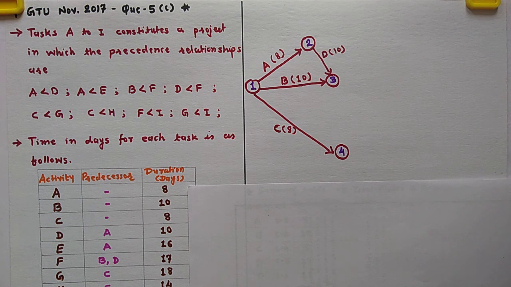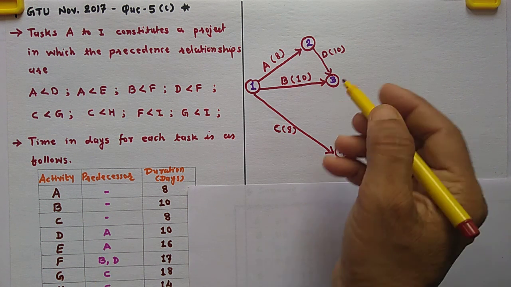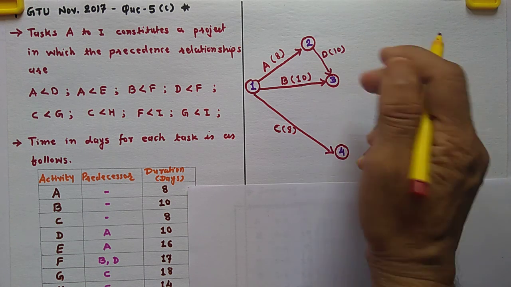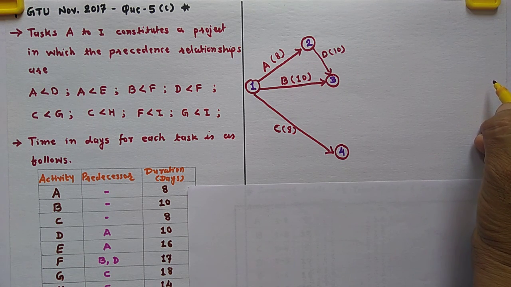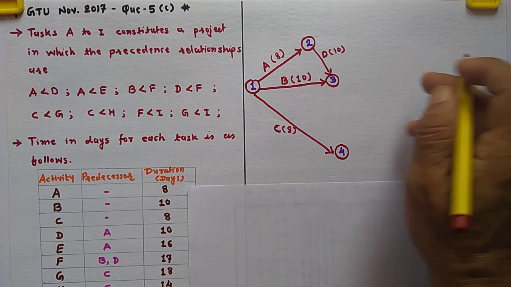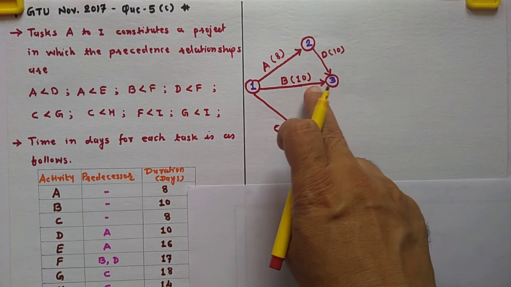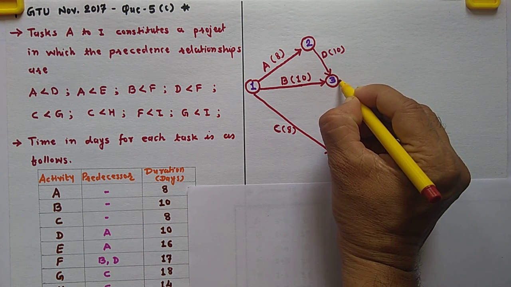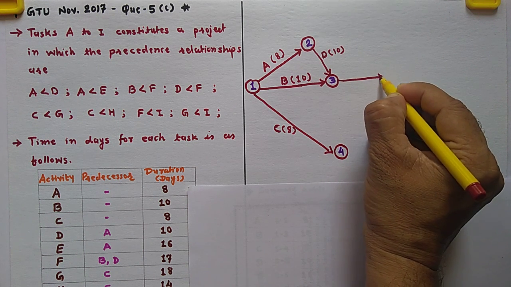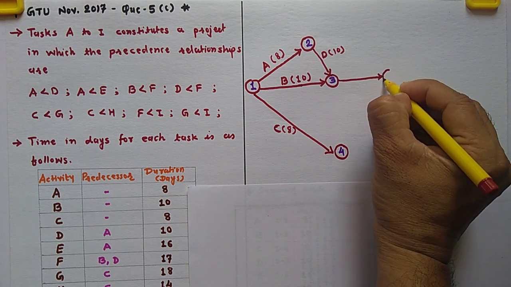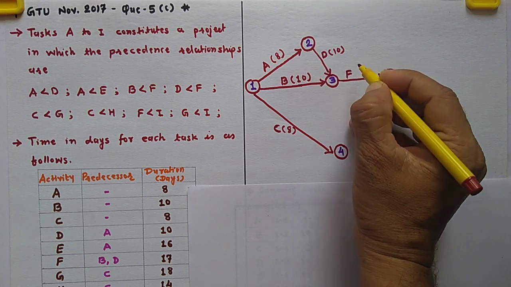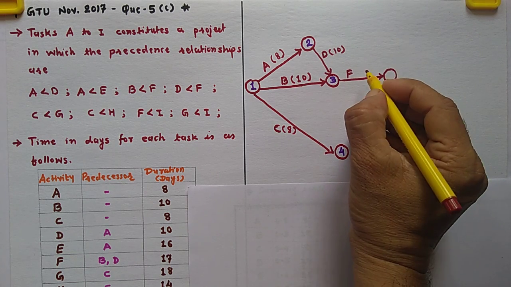Now activity E, again predecessor A, but I will draw this activity last because it will merge into the last event. Before that, activity F, the predecessor B and D. This is activity F and the duration is 17 days.